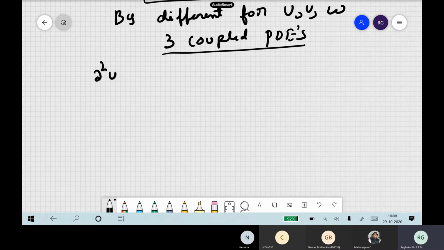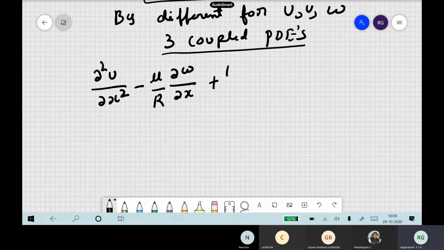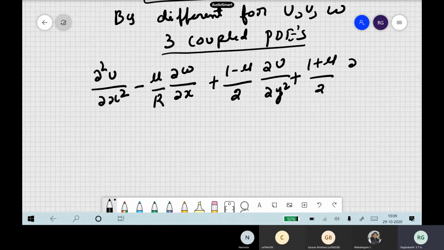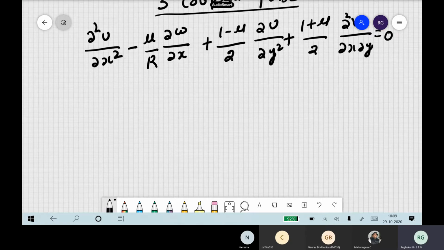So you have to use these equations: dou square u by dou x square minus mu dou w by dou x, of course mu by r, plus 1 minus mu by 2 dou square u by dou y square plus 1 plus mu by 2 dou square v by dou x dou y is equal to 0. We had three such equations.